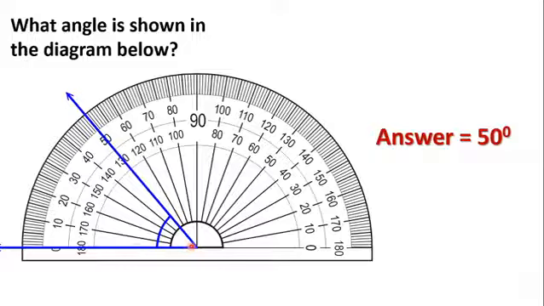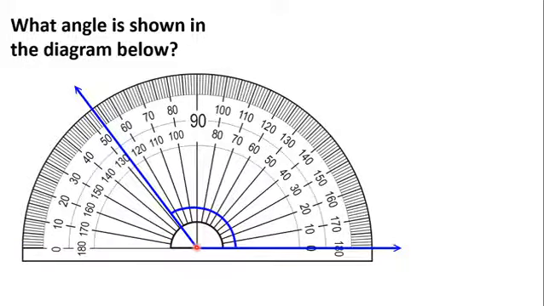How about this one? I'll give you a moment to try to figure this out. Okay, we have two lines. We have a horizontal line aligned to 0 in the inner scale. It means we're going to be using the inner scale to determine the angle formed by these two lines.